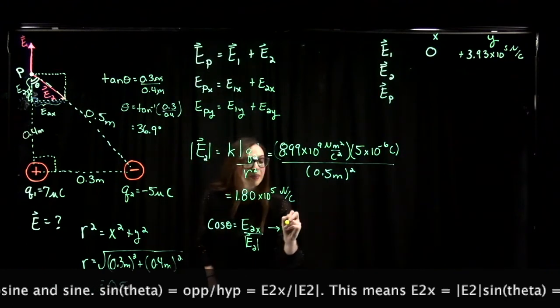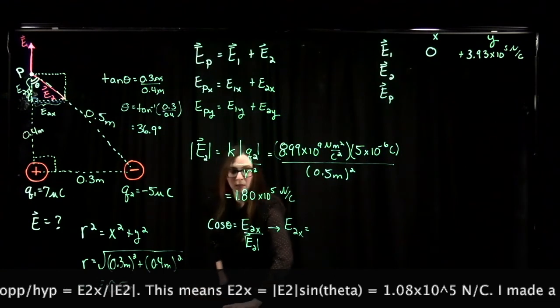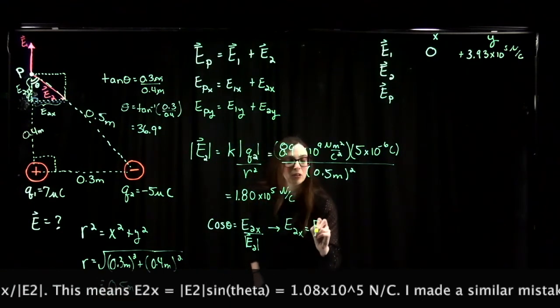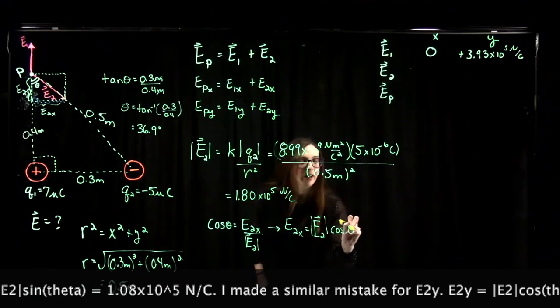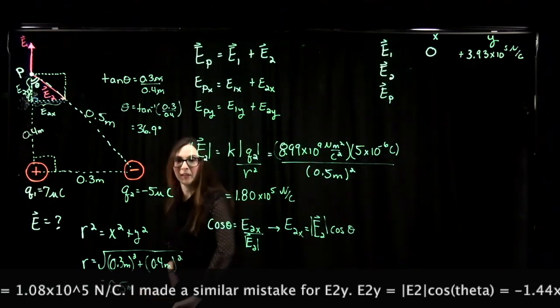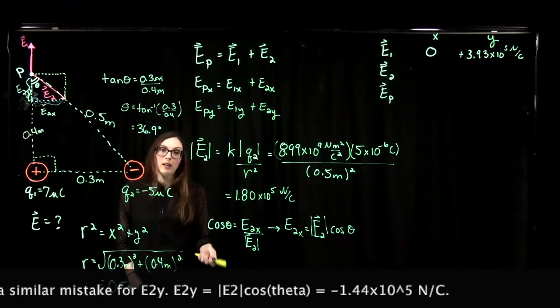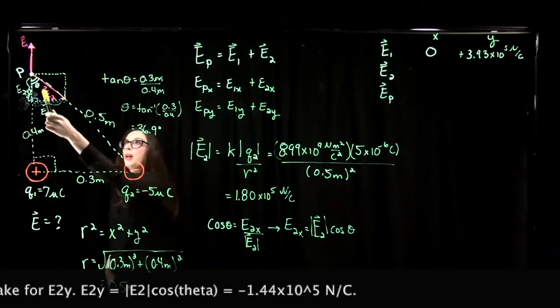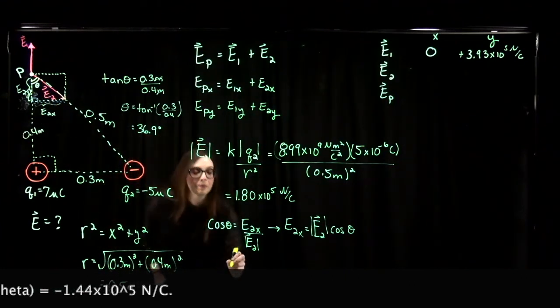So E2x equals the magnitude of E2 times cosine of my angle theta. Now we can do the same thing for the y component of E2. In this case, the y component of E2 we can get from sine.